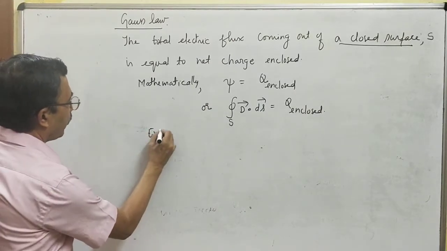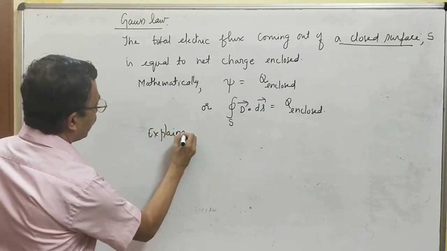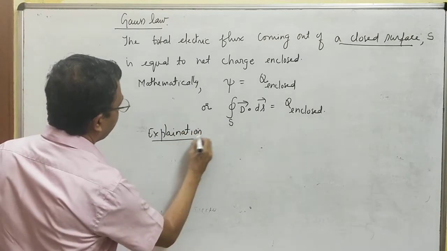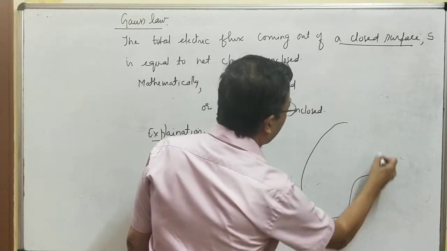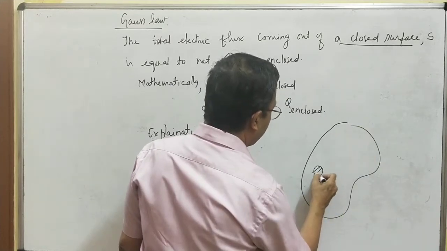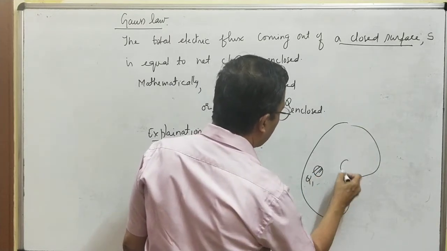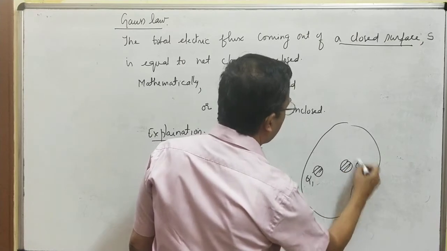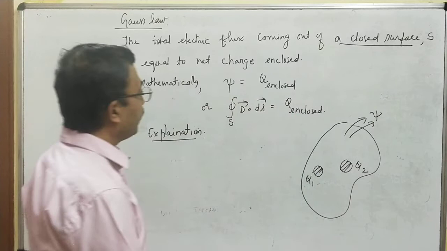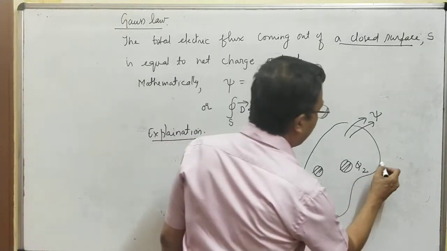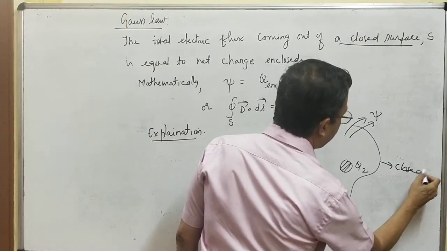Explanation. Let me take a closed surface, an arbitrary surface, enclosing charges Q1 and Q2. This is the total flux coming out of the closed surface. So this indicates a closed surface.